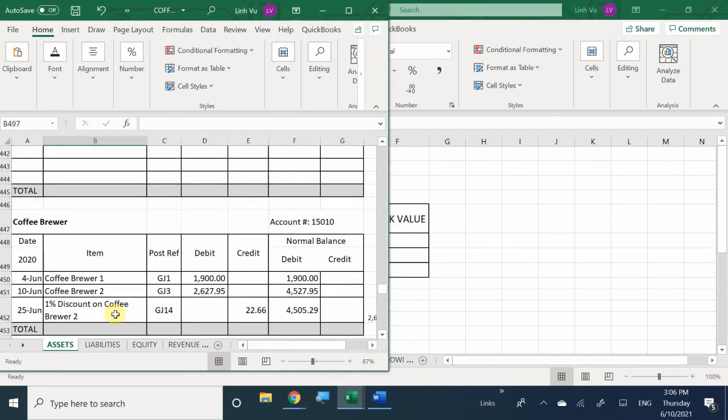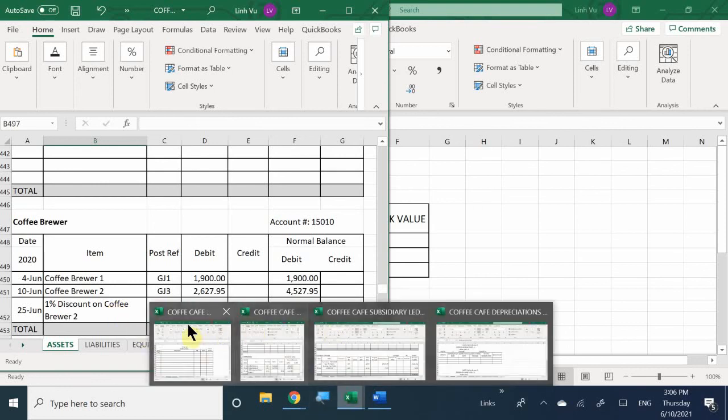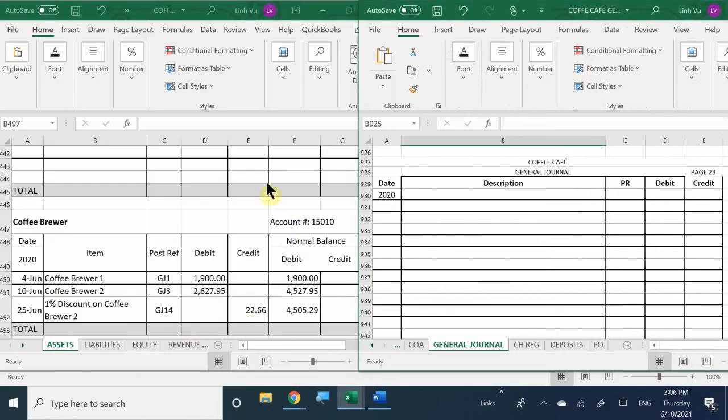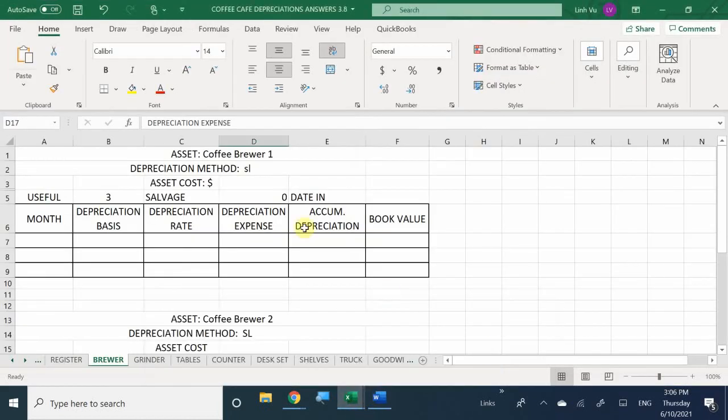How much did my first coffee brewer cost me? $1,900. Now, when did I actually place it into service? It wasn't until we got the electricity hooked up. Okay, so that's the coffee grinder. It'll be on the first day of grand opening.